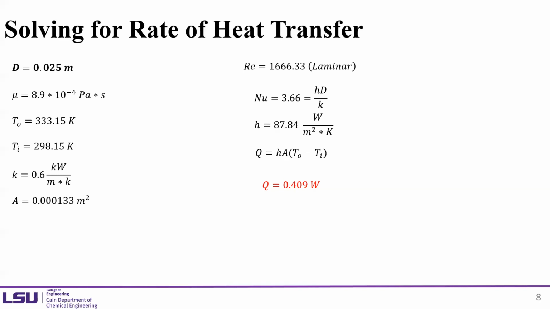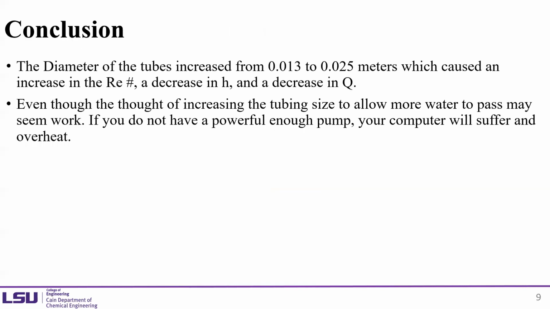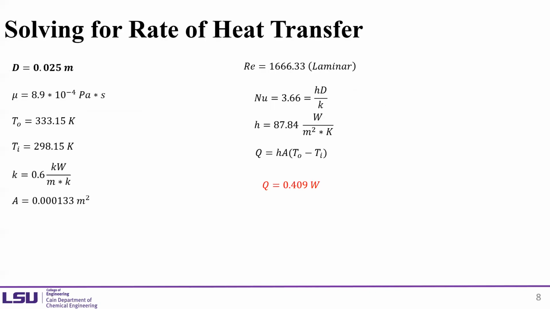I then did the exact same thing on the next run, but with a different diameter running at all of the same constants as I said previously. The diameter was changed to 0.025, and everything else held constant, including the temperature that it was running at as well. So once we plugged all those in, we can see that we got a Reynolds number of 1666.33.